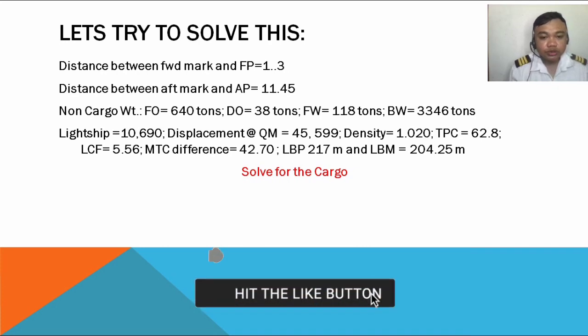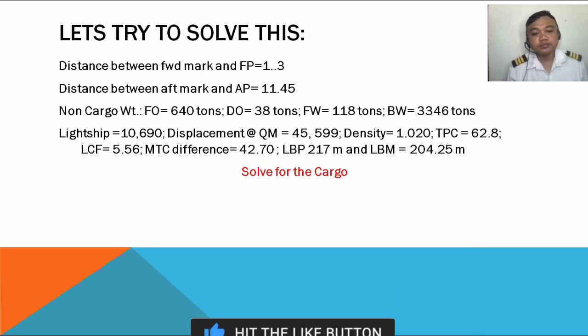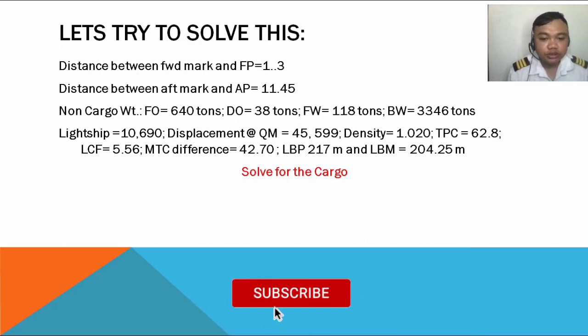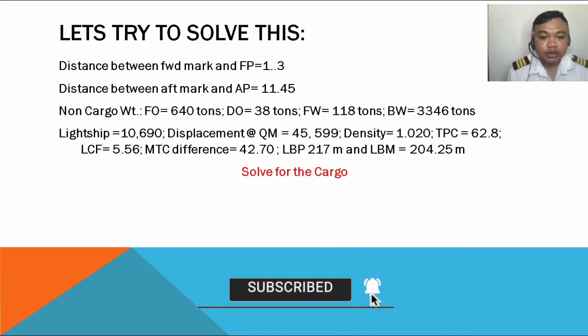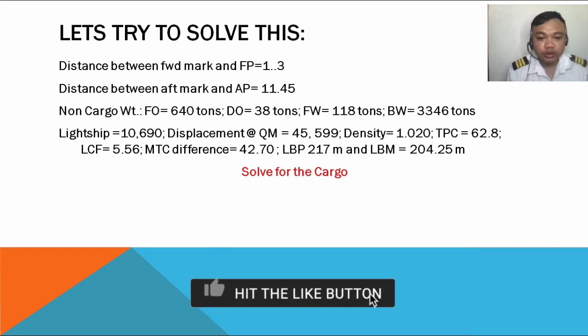So we no longer need to look at the stability booklet, since we assume that we already have the given displacement at QM. We only need to compute for the quarter mean.